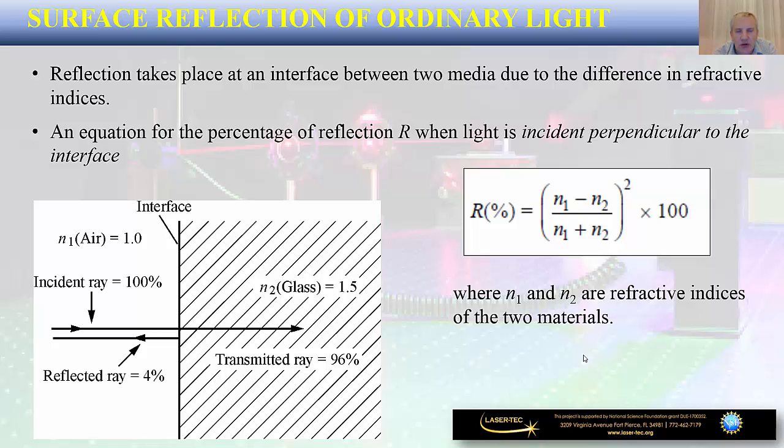So using the formula on the right hand side, we have determined the reflectance at the boundary between the air and the glass as a function of the two indices of refraction of the first medium, in our case air, and the second medium, in our case glass.